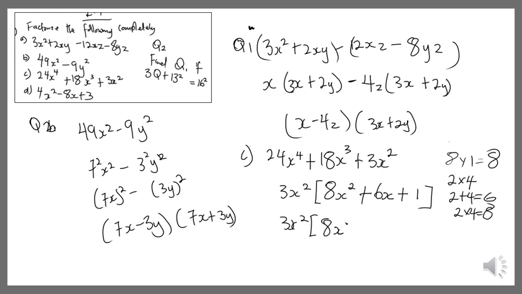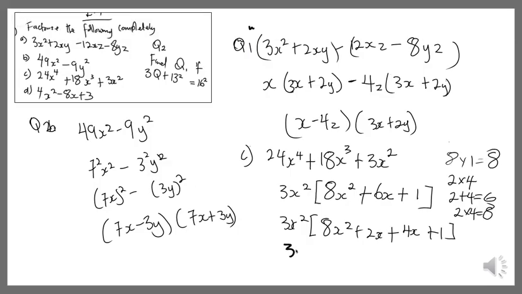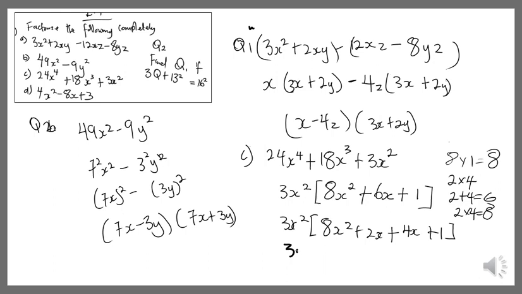So 8x squared plus 2x plus 4x plus 1. And what are you going to get? You are going to get 3x squared into bracket. This one, you are definitely going to group them.